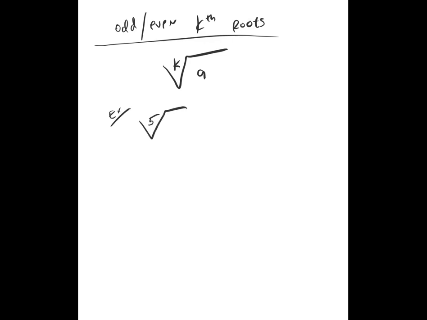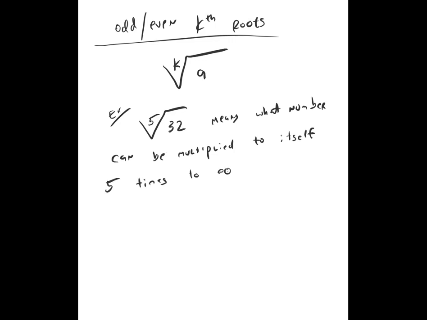The 5th root of 32. This again means what number can be multiplied by itself 5 times to equal 32.